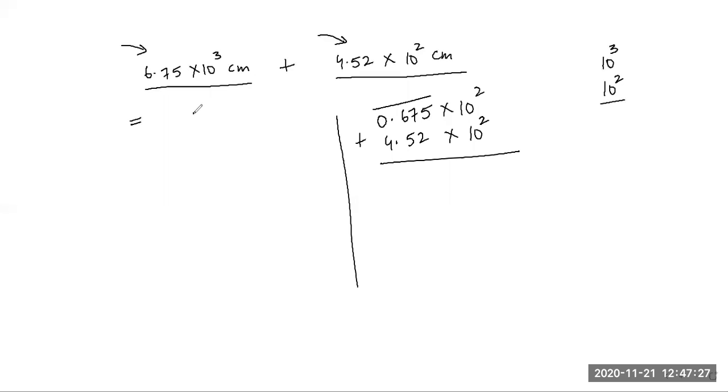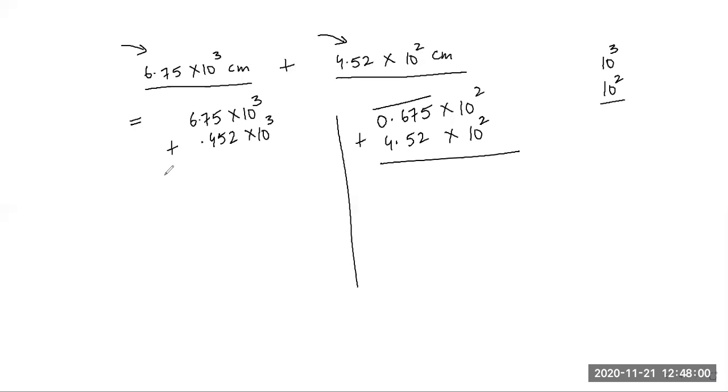So this is like 6.75 into 10 raised to power 3 plus, how to convert this into 10 raised to power 3, students? So it will be, tell me, 0.452 into 10 raised to power 3.